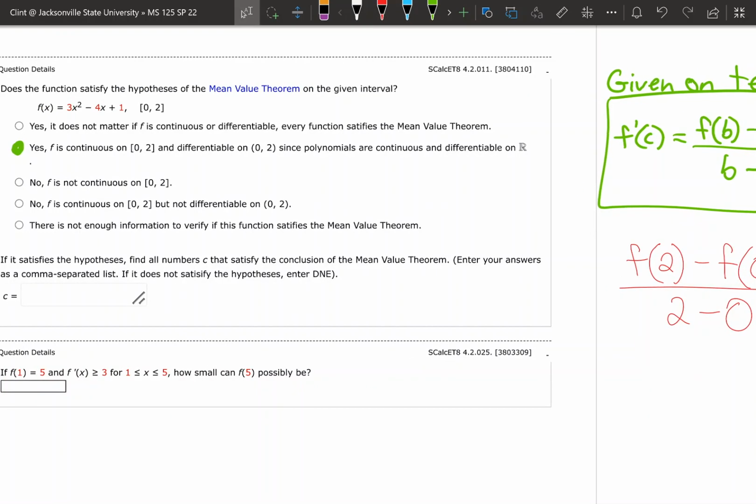So if we plug in 2, let's see what we get there. I'll make our little notes over here. We plug in 2, let's see this. 3 times 9 minus 4 times 2 plus 1. F of 2, I get 20. F of 0 is a little easier. We'll just get 1.